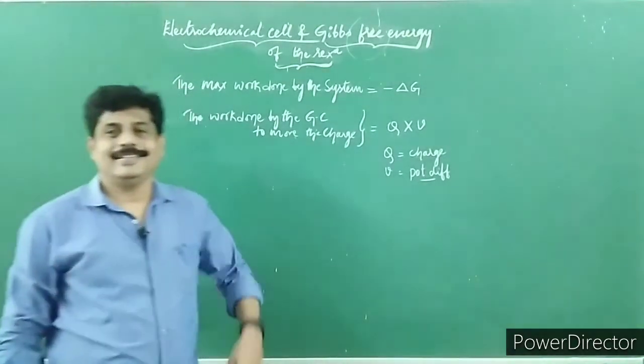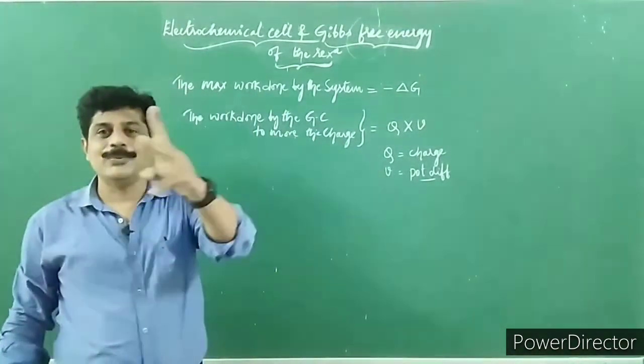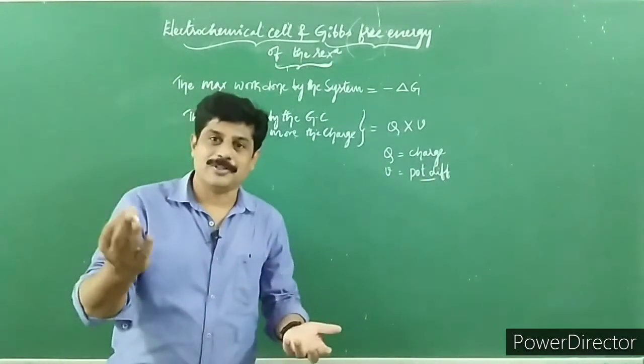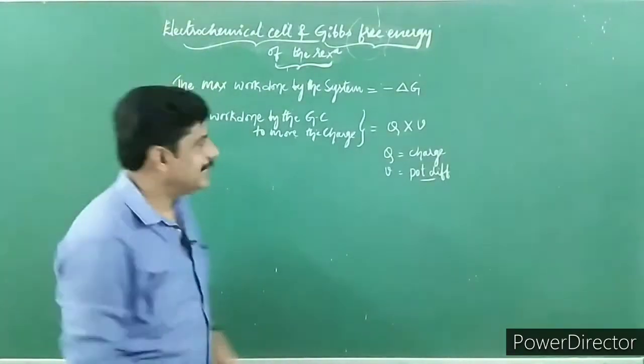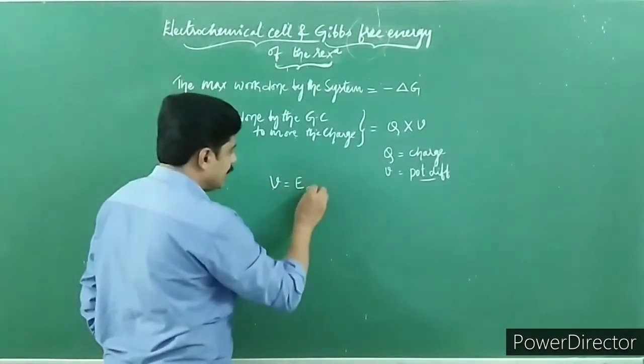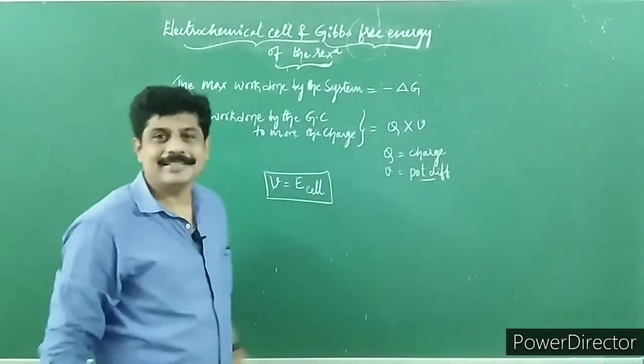The difference in potential between the two electrodes in a galvanic cell is nothing but cell potential, otherwise called E cell. Let me write, V is equal to E cell. Hope you got it, right?